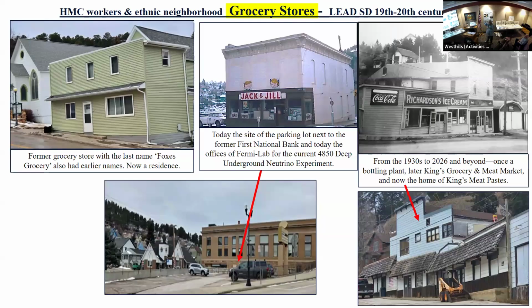Jack and Jill was right down by the visitor center, across the street from the visitor center. Richardson Ice Cream and Bottling Company became King's Grocery and now is King's Pasties. You can see the Jack and Jill was right next to the First National Bank, and now it's a parking lot. And the bottom shows what the King's Grocery Store facility looks like today.